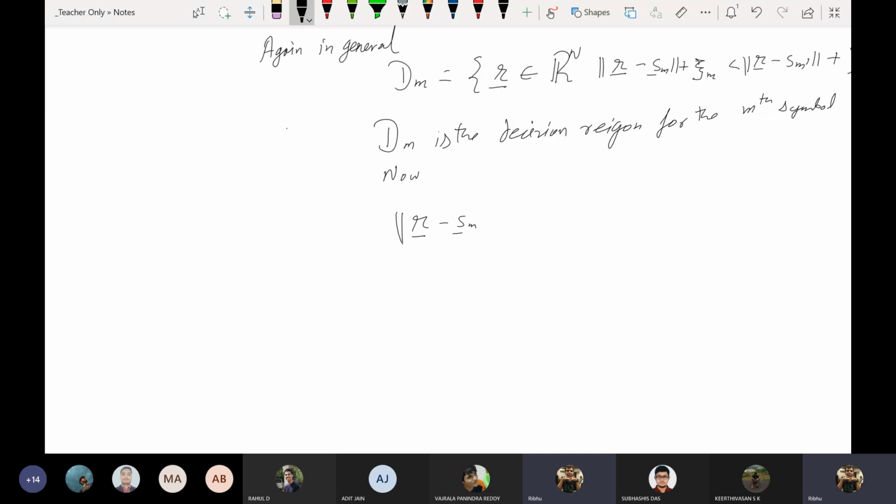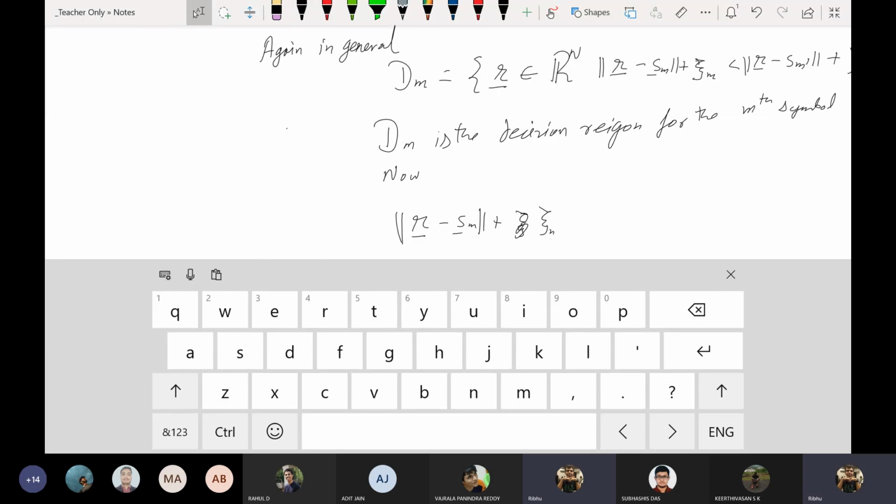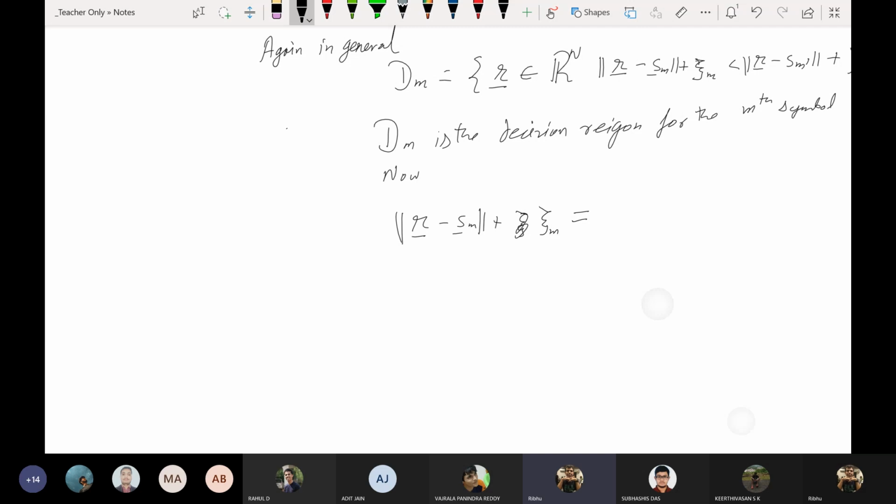The first thing to do here would be to complete the squares.